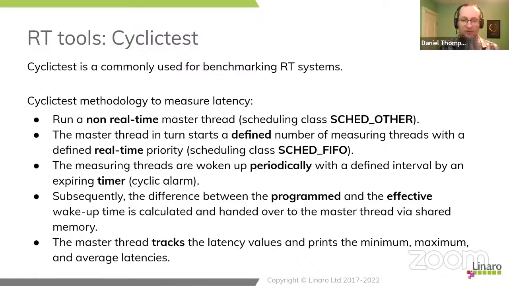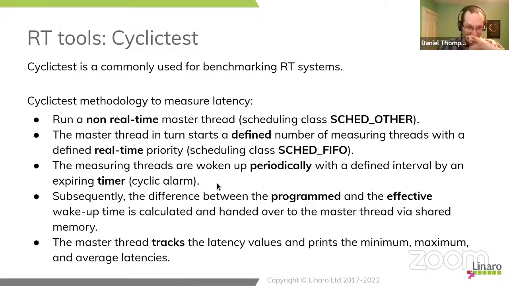In other words, we have set a high resolution timer to wake up at a particular time, and then we wait to see when we actually get scheduled. That allows us to track the sum of all the wake up, interrupt, and scheduler latencies before we reach the high priority task. And if we're not the highest priority task in the system, we're also observing application latency as well, which can be useful if you want to characterize the real-time behavior of something that's not the highest priority task in your system.